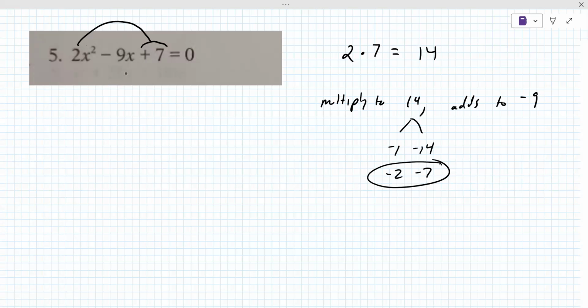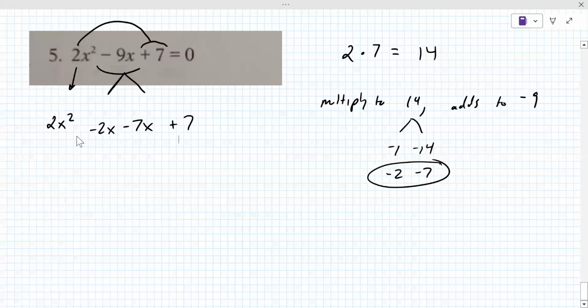So the next step here, and this is not really obvious, is you're taking that -9x and you're converting it to -2x minus 7x. And then you're bringing the first one down and you're bringing the last one down. I'm going to write everything down.